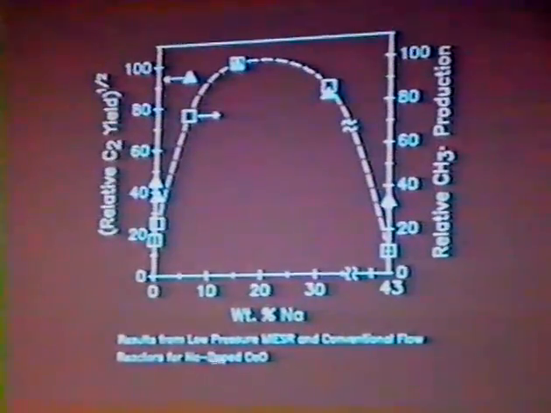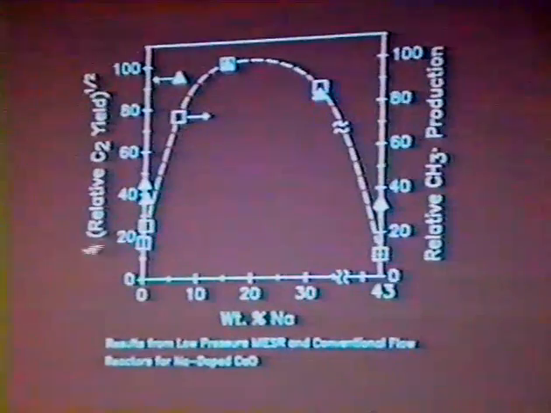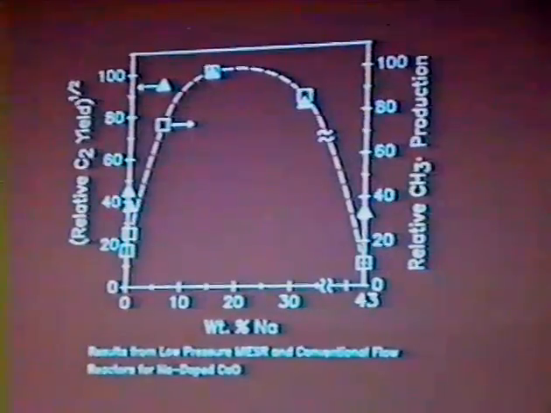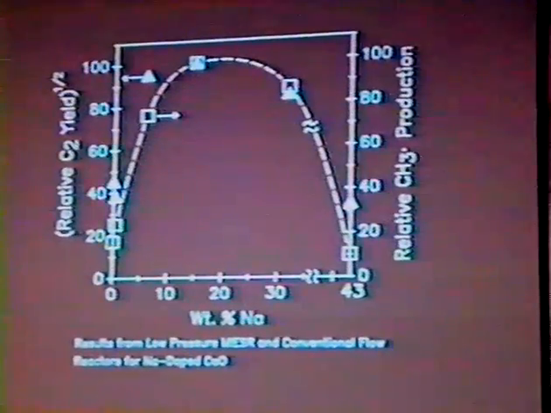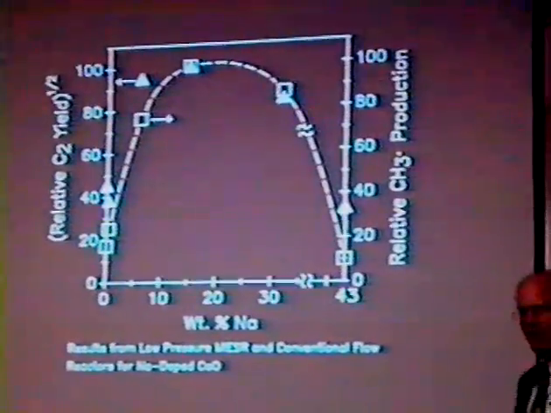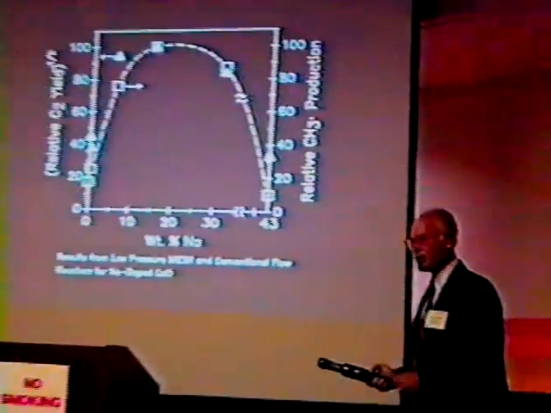And this is just one such correlation where we have looked at sodium-doped calcium oxide, looked at the relative C2 yield to the 1/2 power because it's a bimolecular reaction, and compared that with the relative radical production. And you see that there is good agreement between our ability to generate the methyl radicals and the C2 yield as determined in a conventional catalytic reaction. And go to the next slide, please.